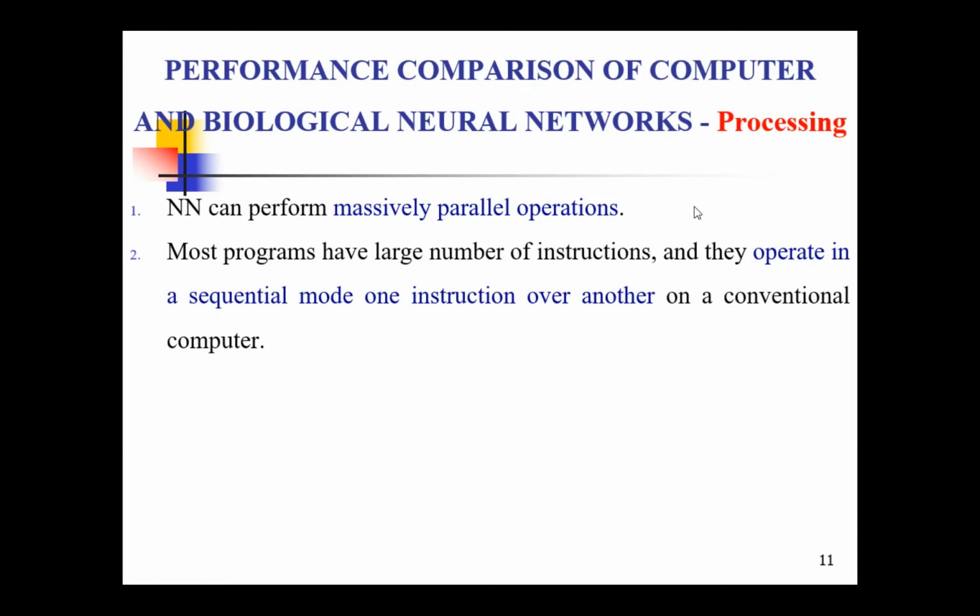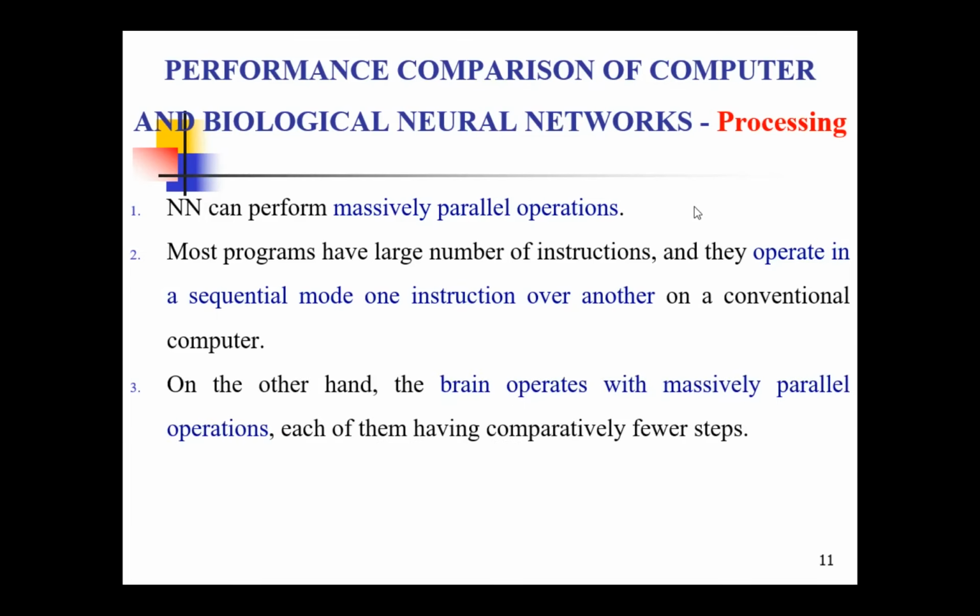Most programs have a number of instructions and they operate in a sequence. In a conventional computer, the program has to be executed one instruction after another. But in our human brain it is not so. A program has to be executed in a sequential manner only. If I skip an instruction or a subprogram, then my result will be wrong.